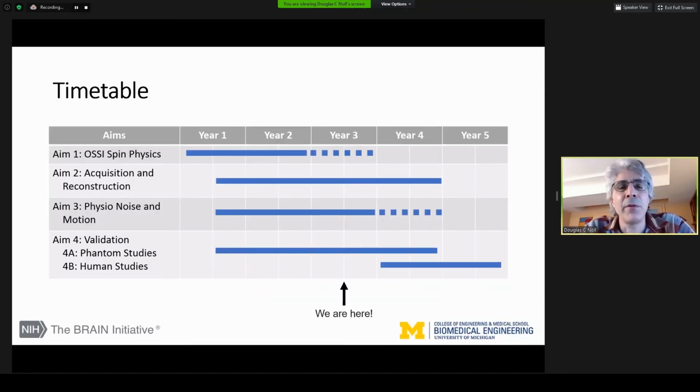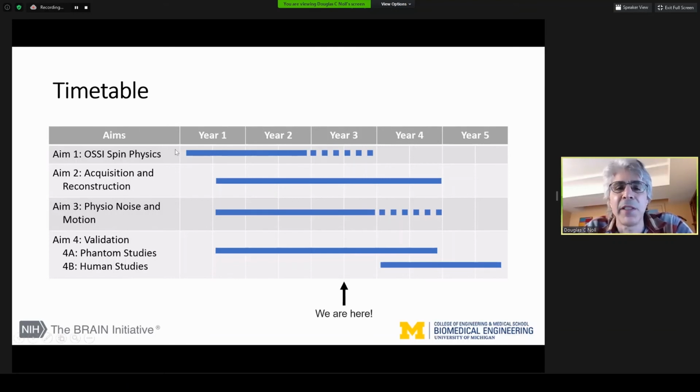Our timetable, well, again, we're right in the middle of our project right now. We're almost exactly halfway through. We've made a lot of progress on the image acquisition and reconstruction. Our acquisition side is hopefully winding down, but we can still make developments in the image reconstruction side and apply those to data that we collect later on, as long as the acquisition stays more or less fixed.